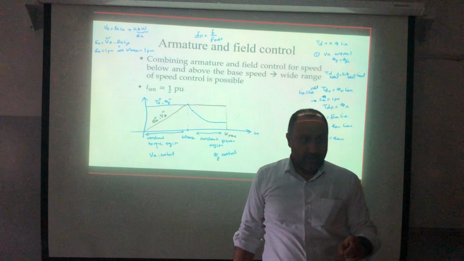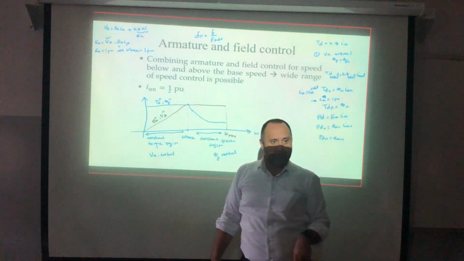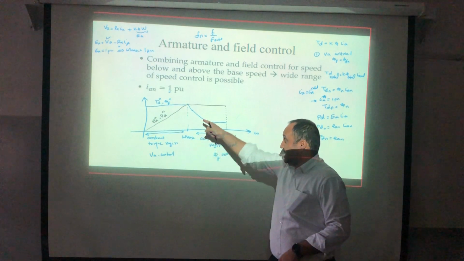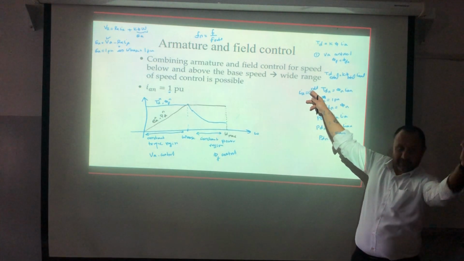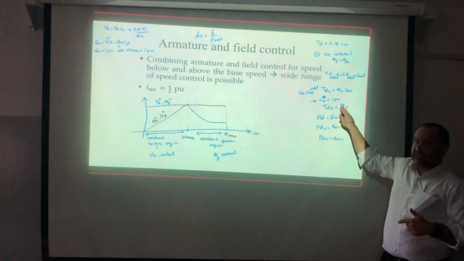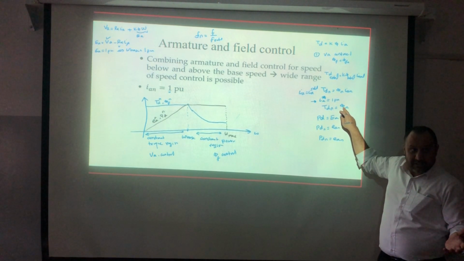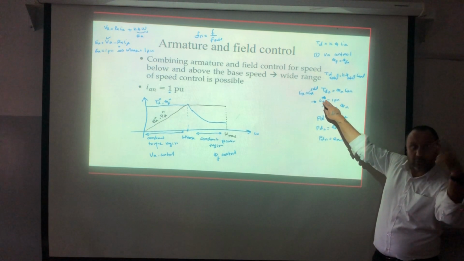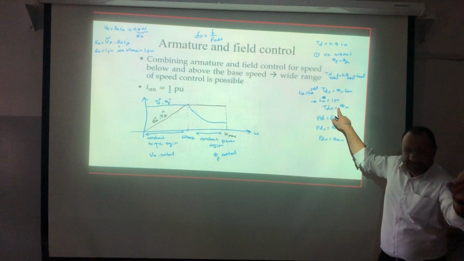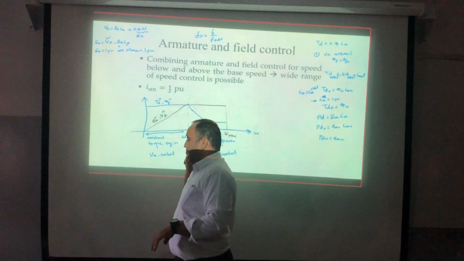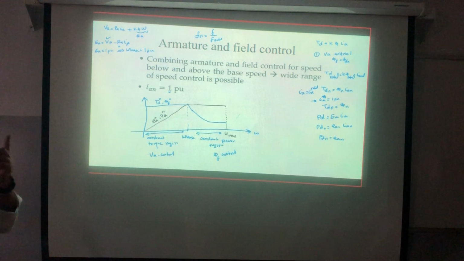So now the curves for the flux and the torque are not the same. This was valid because I'm assuming that IA is equal to IA rated, which is 1 per unit. In the end, the curve for the torque is the same as the curve for the flux. If the current was twice the rated, then TD is equal to 2. And by the way, in VA control, all the time, the flux normalized is equal to 1 per unit.